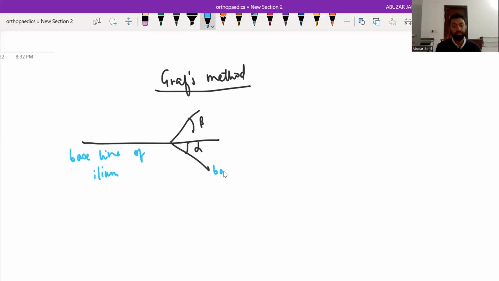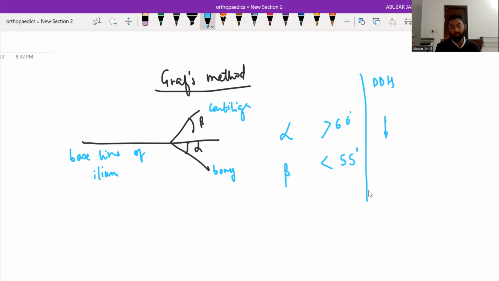This is the bony roof, and this is the cartilaginous roof. Normally alpha angle is more than 60 degrees, while beta angle is less than 55 degrees. But in a patient of developmental dysplasia of hip, alpha angle reduces with the severity, and beta angle increases with the severity.